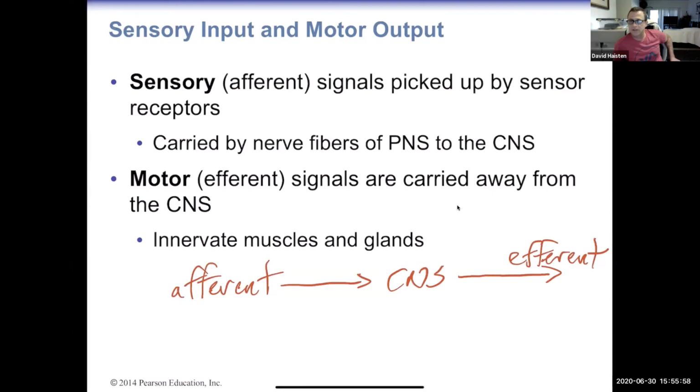So efferent signals target muscles and glands. Salivary glands, eccrine sweat glands, anything gland, the nervous system's probably kicking it in. Any muscle contraction is happening via the nervous system, with some exceptions.